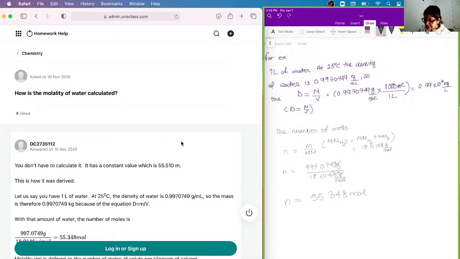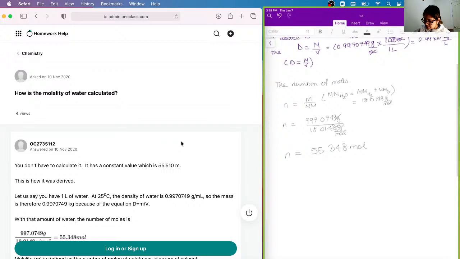Okay, so now we're trying to find molality. That's the actual question.